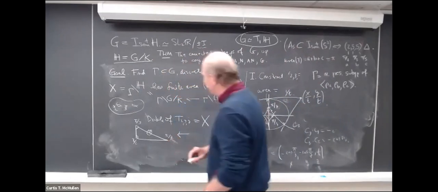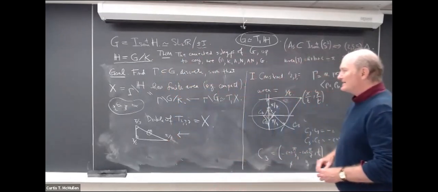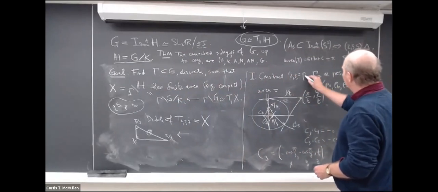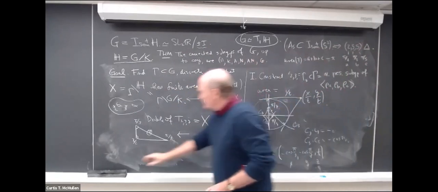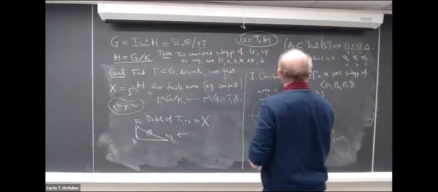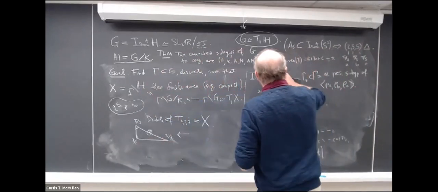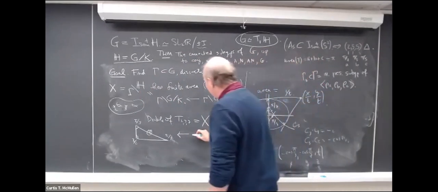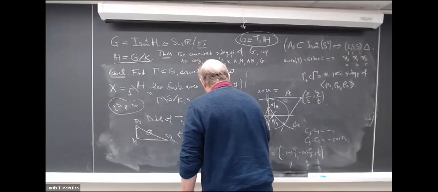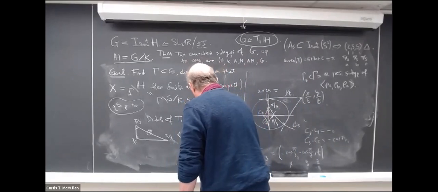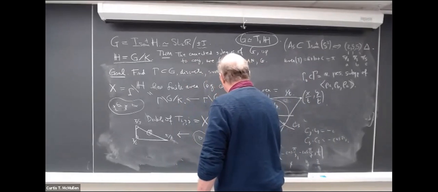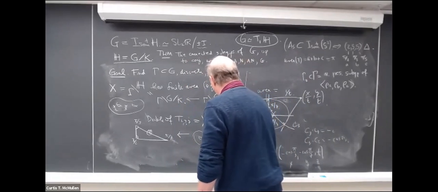So in fact, there is a subgroup of gamma, let me call it gamma naught, which is torsion-free and has finite index. And that subgroup has the property that the corresponding quotient space is a surface of genus 3. So this is H mod gamma naught now.